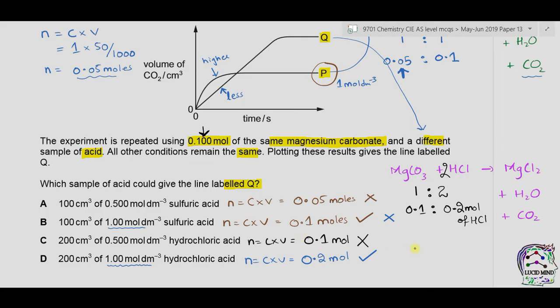So now as we can see that 1 mole of sulfuric acid produces 2 moles of H positive ions, while 1 mole of HCl produces 1 mole of H positive ions in a balanced chemical equation.